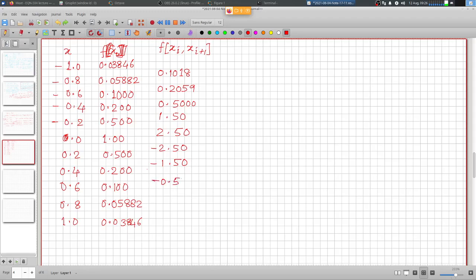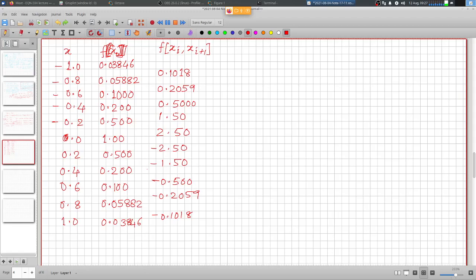0.00, and this would be minus 0.2059, and this would be minus 0.1018.